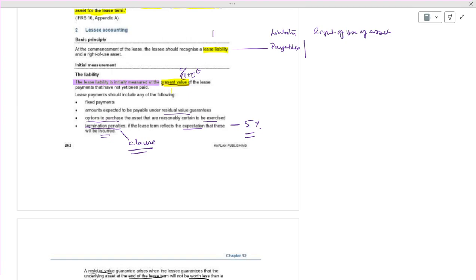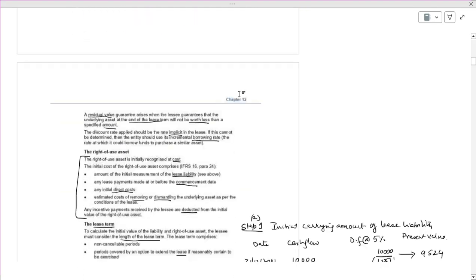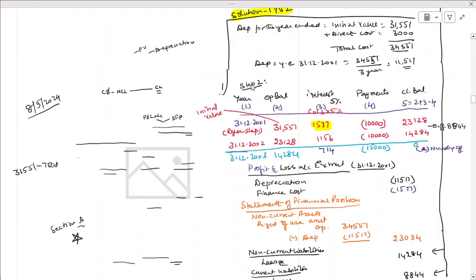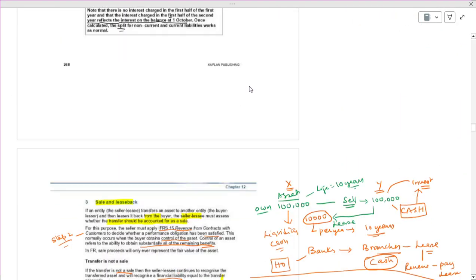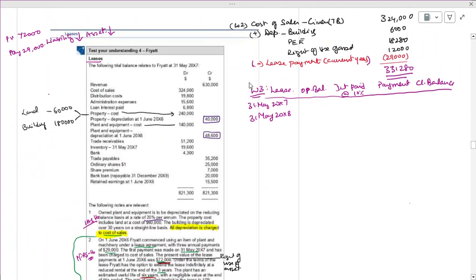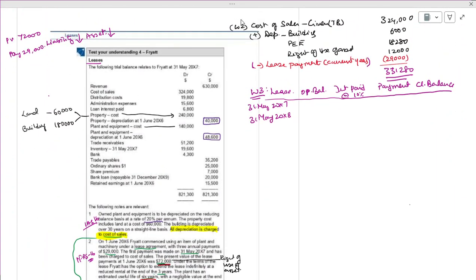How much is the present value given in the question? 72. Rate of interest is how much? 10% on the opening balance. It will come to 7,200. How much payment are they making every year?